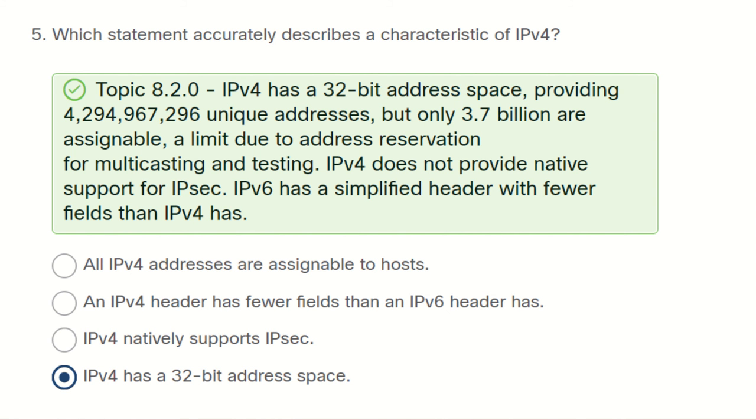Which statement accurately describes the characteristic of IP version 4? IP version 4 has a 32-bit address space, providing about 4.2 billion unique addresses, but only 3.7 billion are assignable, a limit due to address reservation for multicasting and testing.